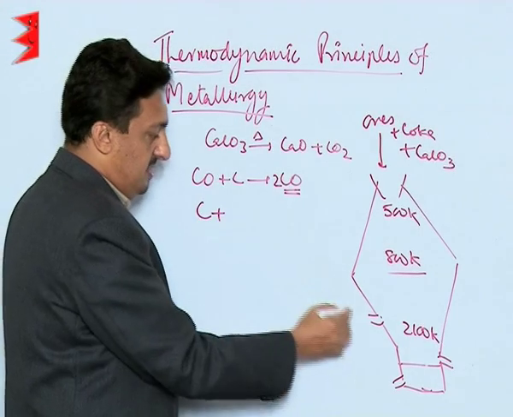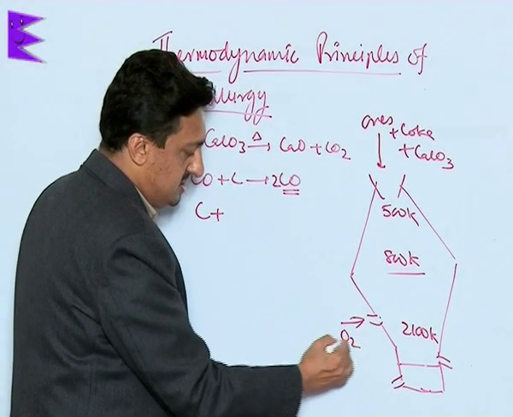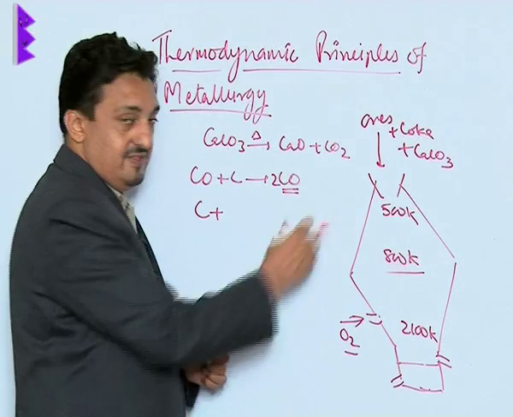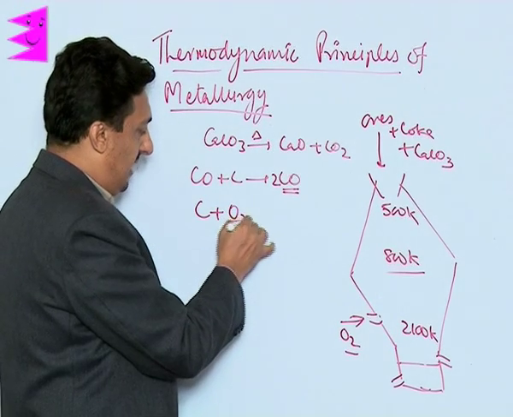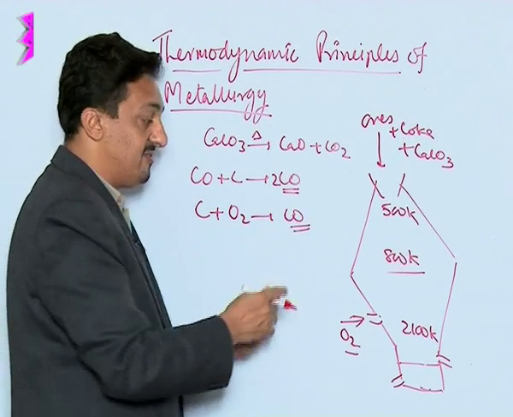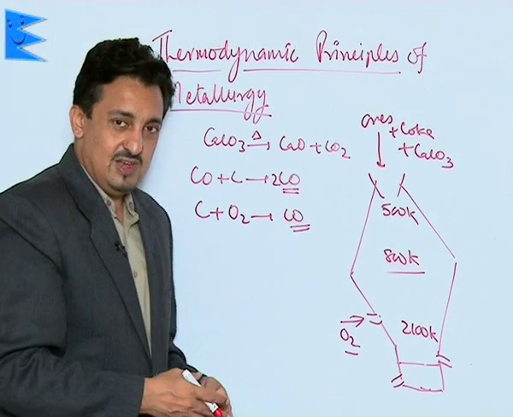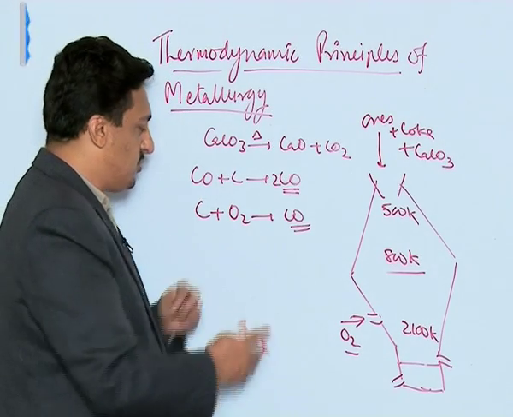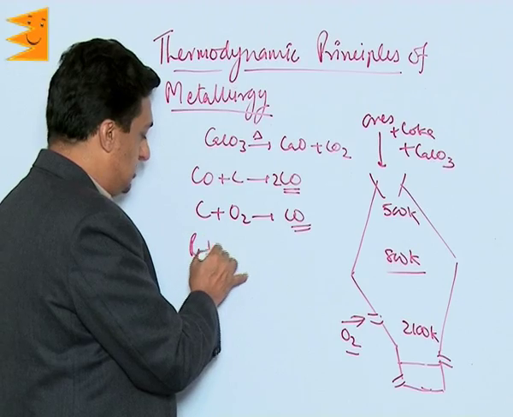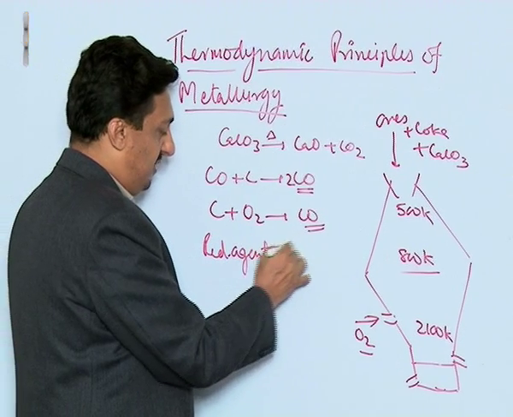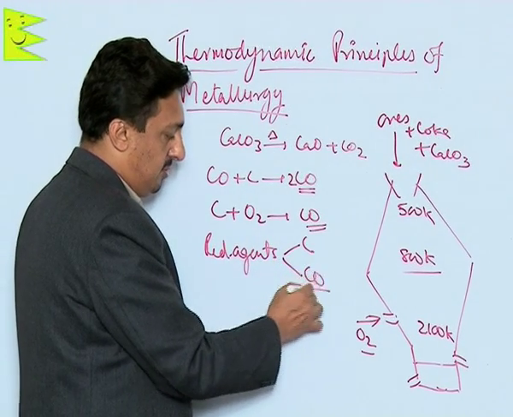Moreover, we blow hot oxygen from the bottom of the blast furnace. The coke combines with the oxygen and forms carbon monoxide, which again releases a lot of energy. Now we have two reducing agents in the blast furnace, coke and carbon monoxide.